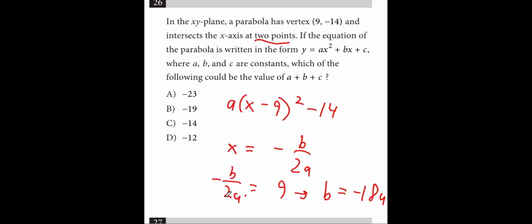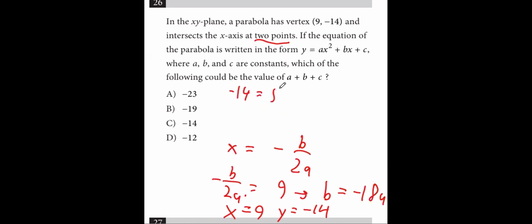Once we substitute x equals 9 and y equals negative 14, we get negative 14 equals 81a plus 9b plus c. Since we know that b is equal to negative 18a, we can substitute. So we have negative 14 equals 81a, and then 9 times b.